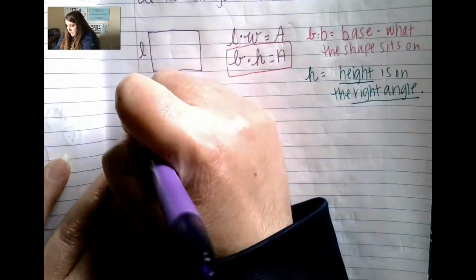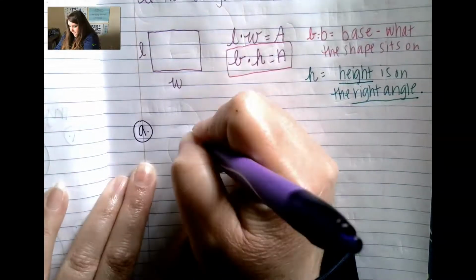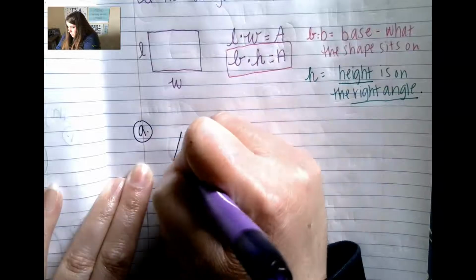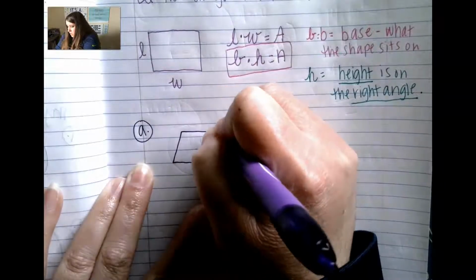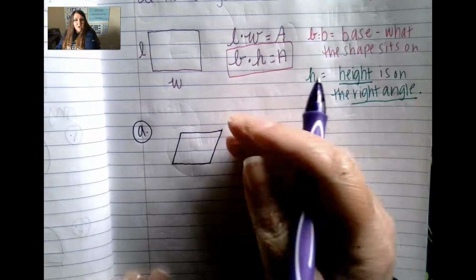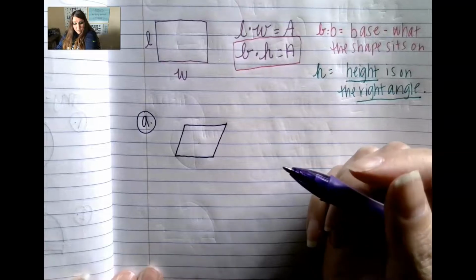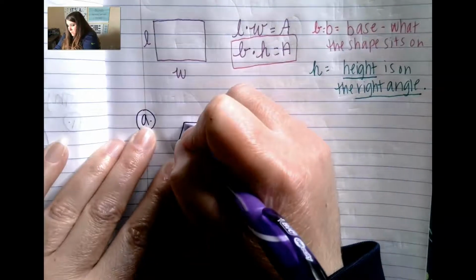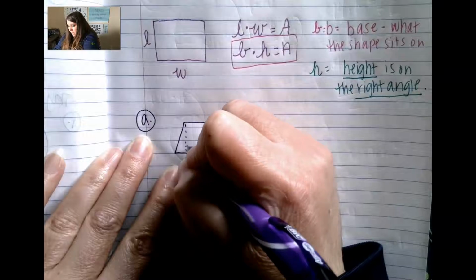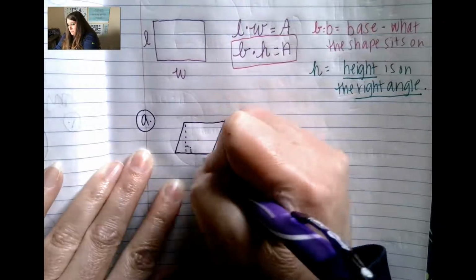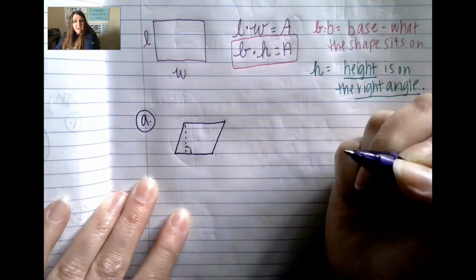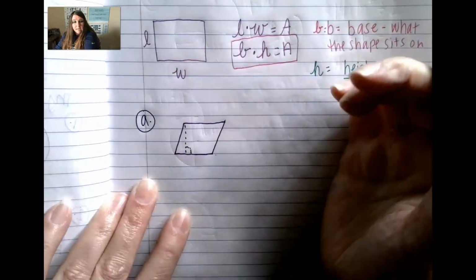Okay, let's take a look at a parallelogram. For our first example, example A, I have a parallelogram. You can see that the sides are slanted. Parallelograms do not go straight up and down. However, if I were to cut off this part right here and move it over to here, I would have a square or a rectangle.